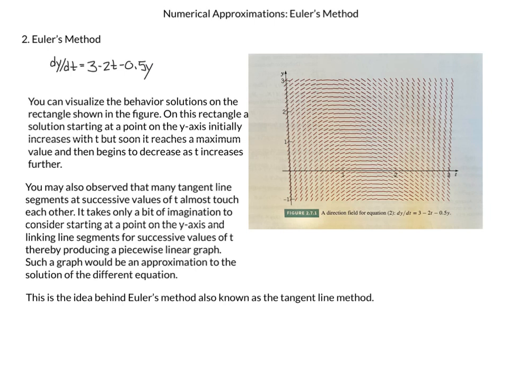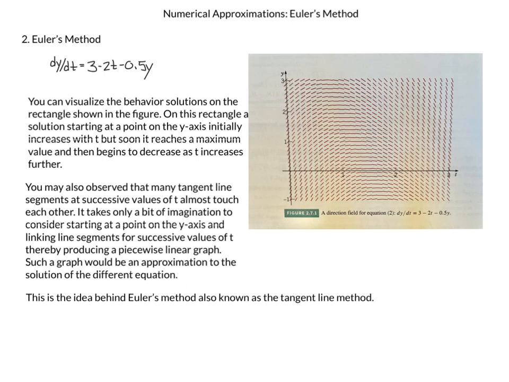You can also observe that many tangent lines at successive values of t almost touch, and that's where we use our imagination to consider starting at a point on the y-axis and then linking the segments to complete the curve. And we produce a piecewise linear graph. Such a graph would be an approximation to the solution of the differential equation.